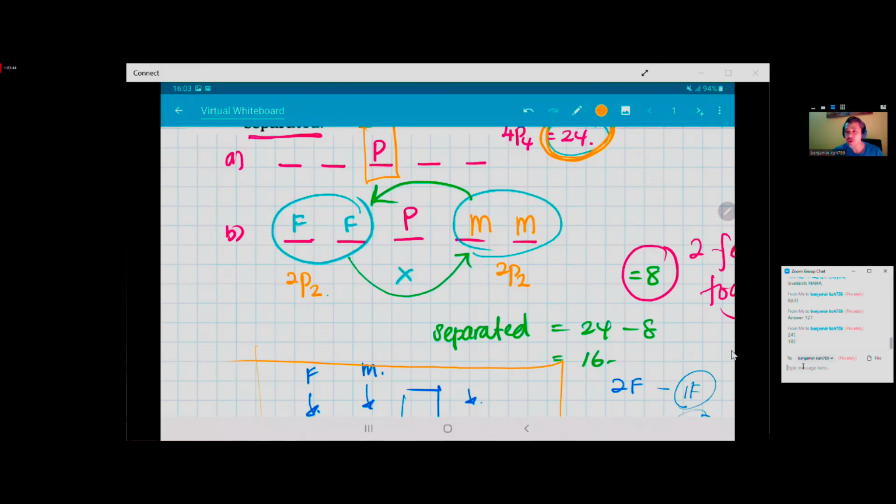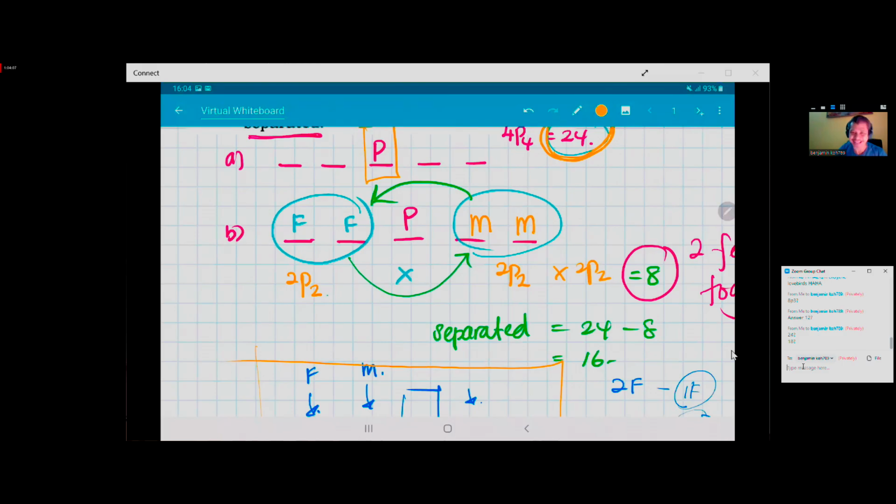Chloe, are you with me so far? Can you understand? Okay, all right. Then I must multiply another 2p2 because now here female, here male. You realize these two groups can change position? Two groups, two positions. So that's why you times another 2p2. Understand? And that's where you get 8.